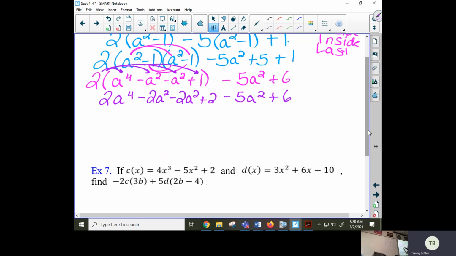So here we still have that 2a to the fourth. There's nothing else that has an a to the fourth. Do you guys know what a negative 2a squared minus 2a squared minus 5a squared would be? Negative 9a squared. Very good. Okay. Then we have 2 plus 6, which is 8. And that is your answer.